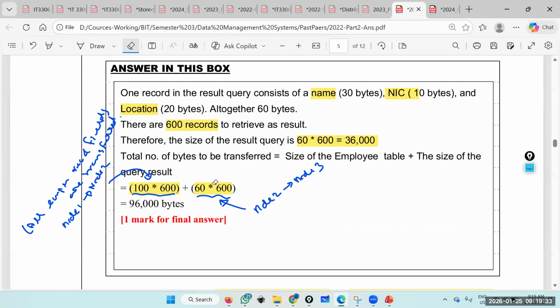That is the final takeaway. So therefore, it will be 96,000.